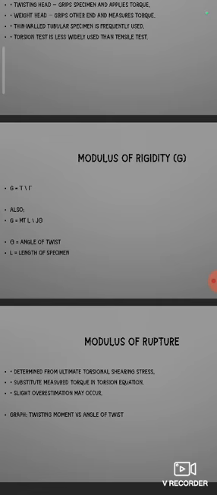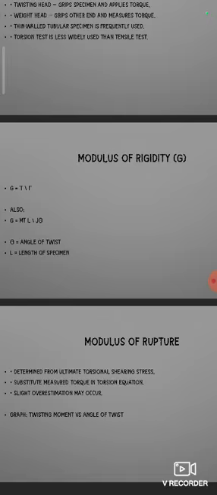Finally fracture occurs at the maximum torque. From this graph we can determine the modulus of rigidity, the yield point, and the ultimate torsional strength.